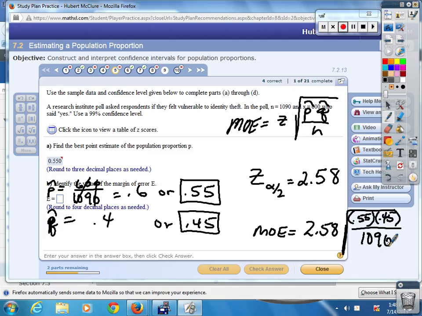And somebody crank all that out. Just 2 decimal places, since these are 2 decimal places, let's do 2 decimal places.